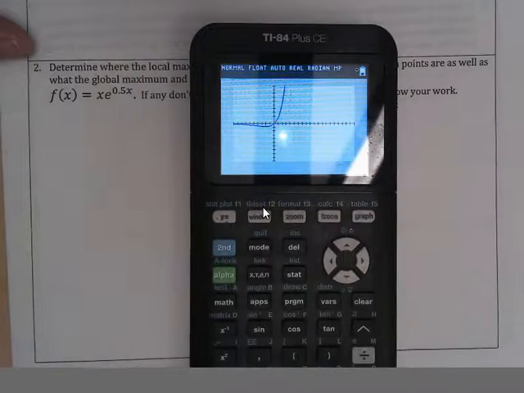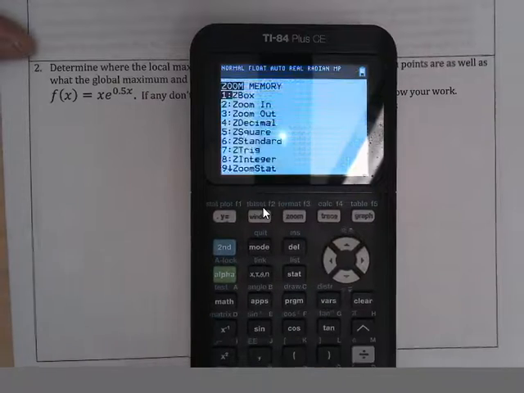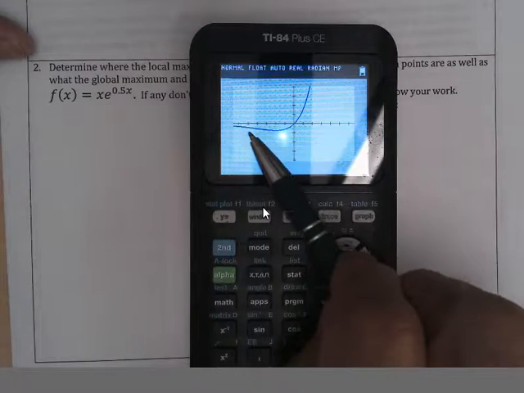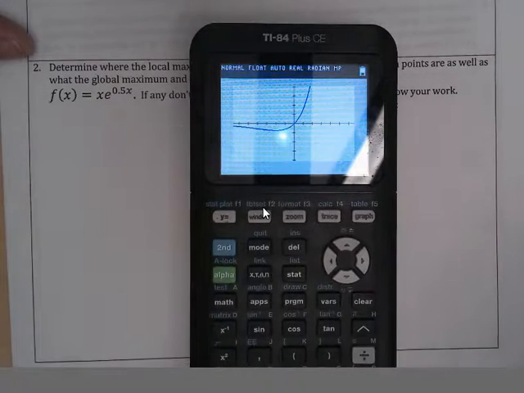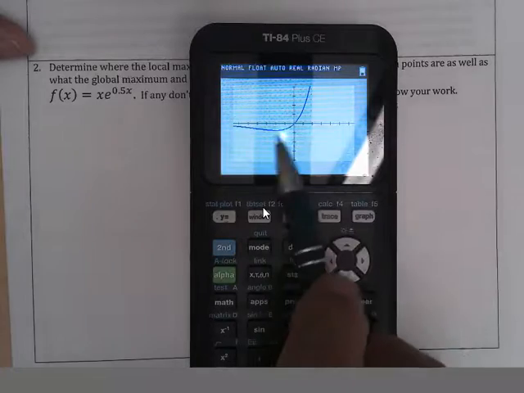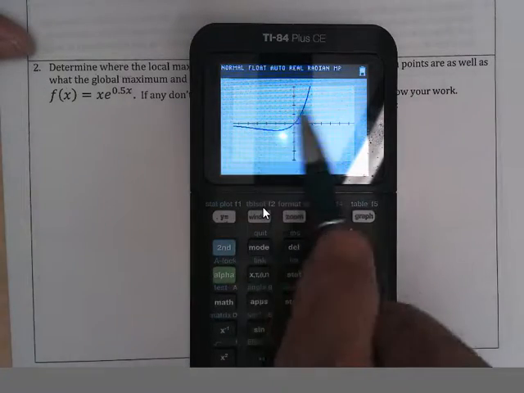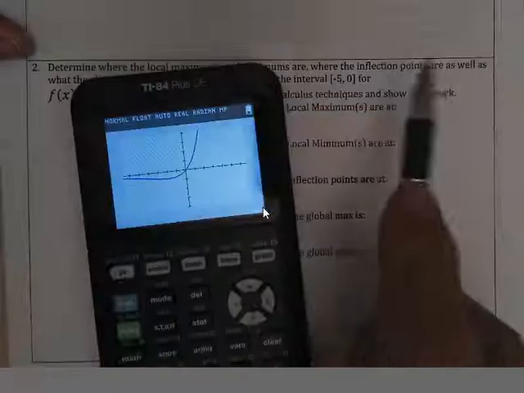Let's go zoom 4. It looks like it's concave down, then concave up on the interval from -5 to 0. That's what it said.